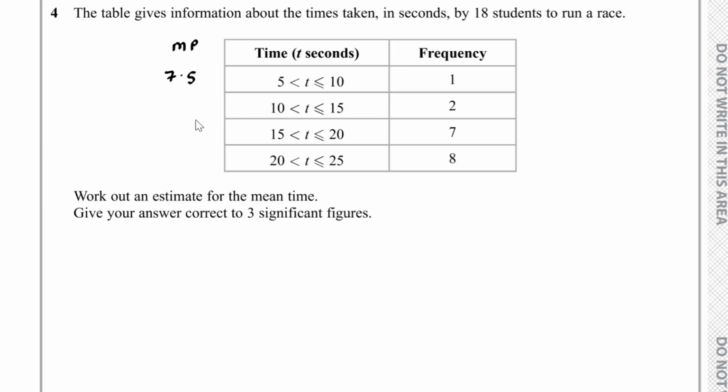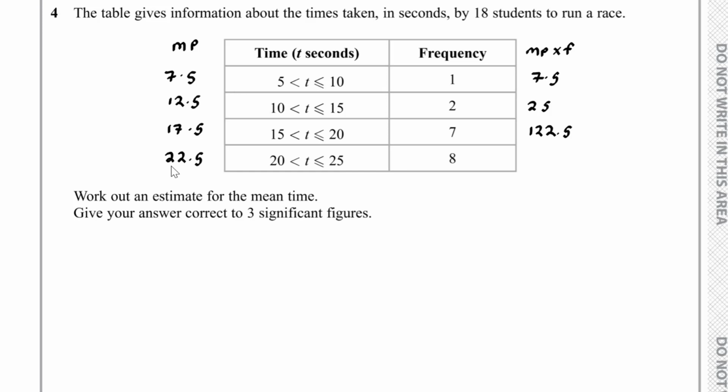Midpoint here, that's 12.5. Midpoint here, that's 17.5. And midpoint here, that's 22.5. And if we work out the midpoint times the frequency, 7.5 times 1 is 7.5. 12.5 times 2 is 25. 17.5 times 7 is 122.5.